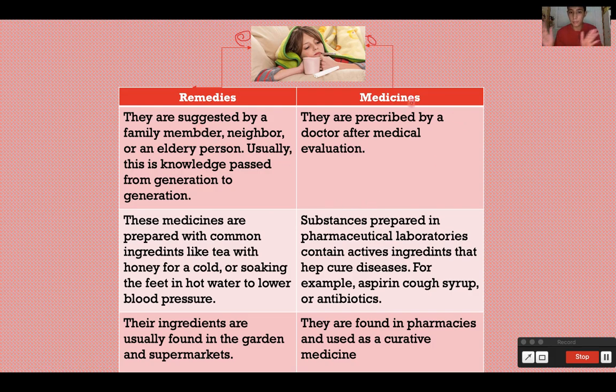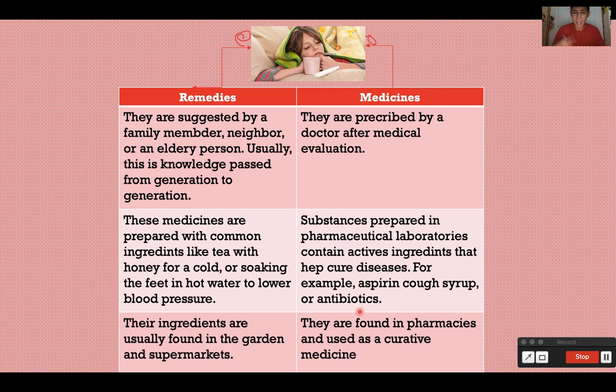A medicine is a substance prepared in pharmaceutical laboratories that contains active ingredients that help cure diseases. For example, aspirin, cough syrup, or antibiotics.